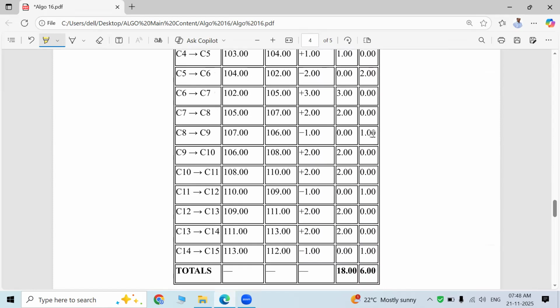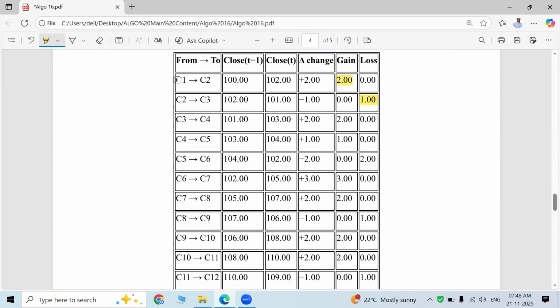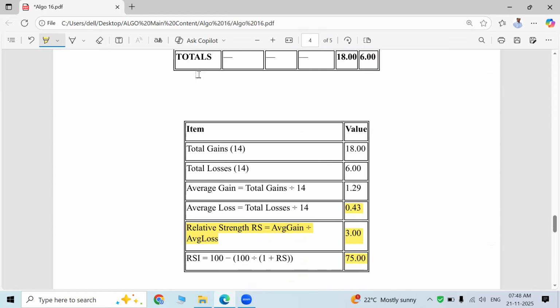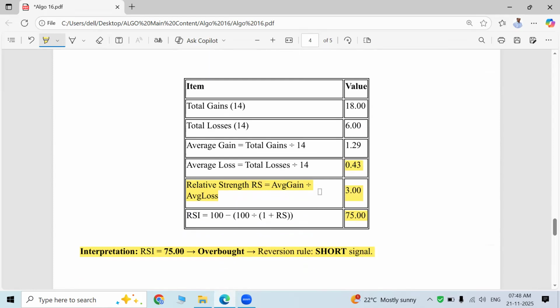Okay, now why 14? Because of 15 cycles, 1 minus 2, the first previous value is not considered. So the readings which we have taken are from the 14 signals. So the average will be the total gain divided by 14, the total average loss divided by 14, and the RS, that is relative strength, is average gain upon average loss, and RSI is 100 minus 100 divided by 1 plus RS.